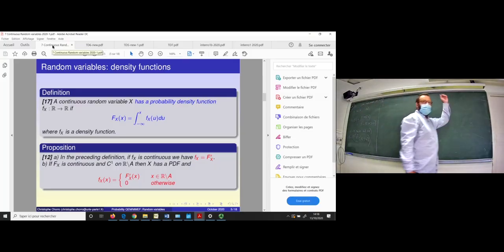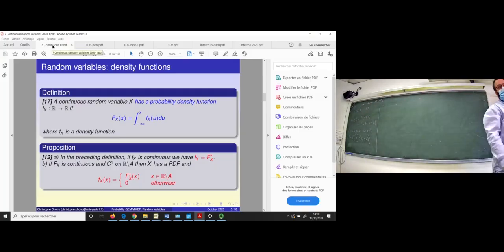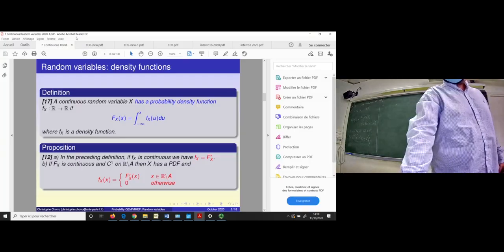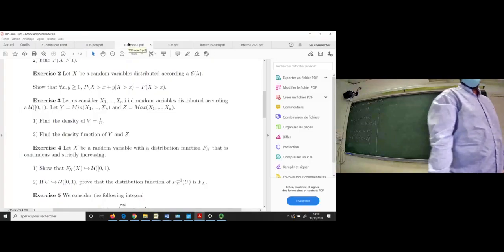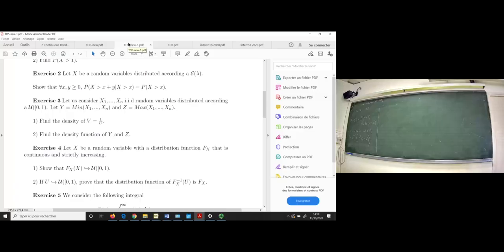1 minus the probability of an intersection. What can I say about the probability of this intersection? I have a statement with hypothesis. I have independence. They are independent. And the fact that they are independent means that the probability of the intersection will be the product of the probabilities.